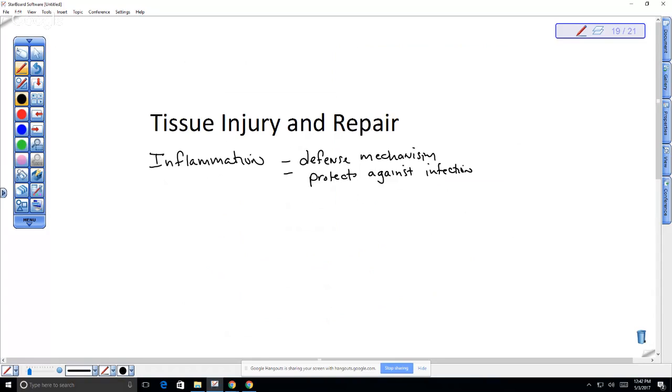Okay, so one of the things that happens with inflammation is that we get swelling. And swelling is due to the production and release of histamine. So damaged tissue causes histamine to be released by white blood cells.